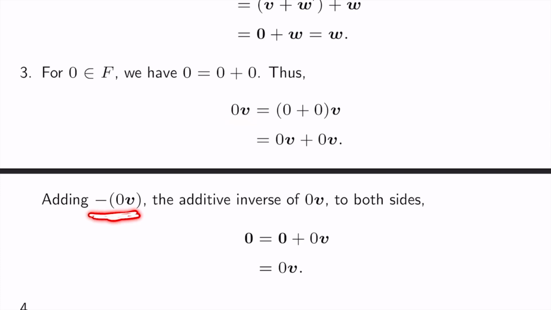If we add them, then the left-hand side becomes the 0 vector because we're adding the additive inverse. And on the right-hand side, one of the 0v's plus the additive inverse of 0v is the 0 vector. So we have this on the right-hand side, but adding the 0 vector to any vector doesn't change that vector. Therefore, 0 times v is equal to the 0 vector.